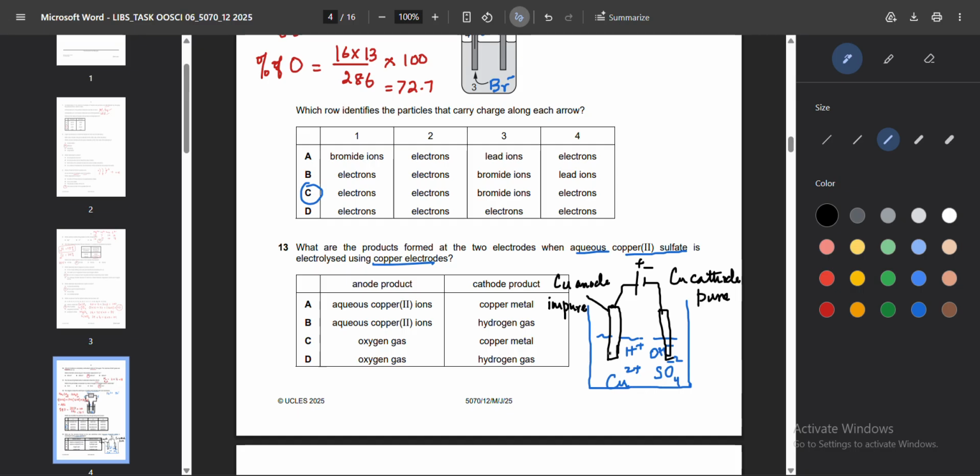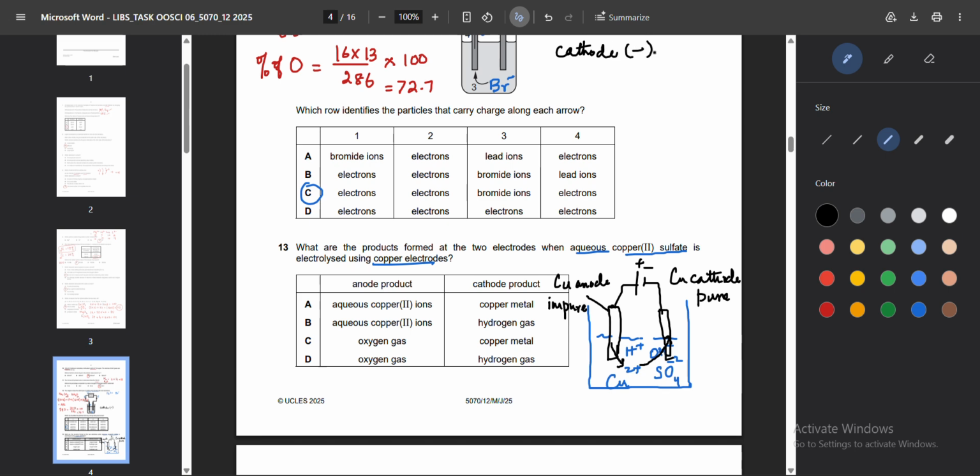So what will happen is that from the anode, copper ions will move to the solution, and from the solution these copper ions will move towards the negative cathode. All right, and if you see what happens at the electrodes, I can write the reaction over here. At cathode, what happens at cathode?